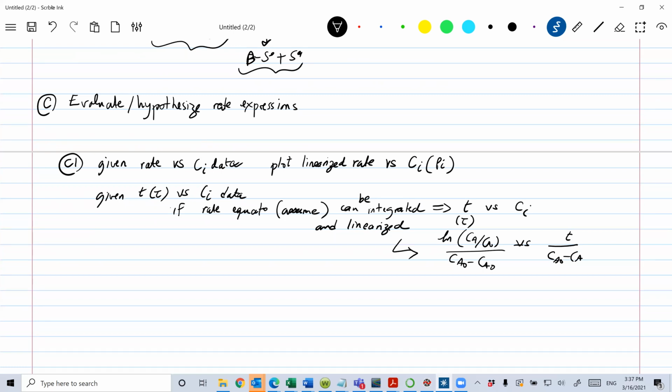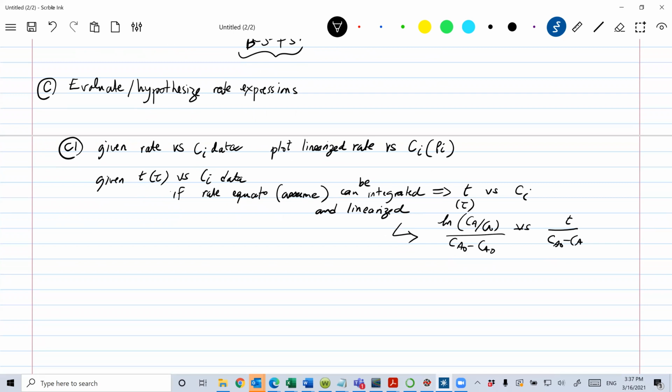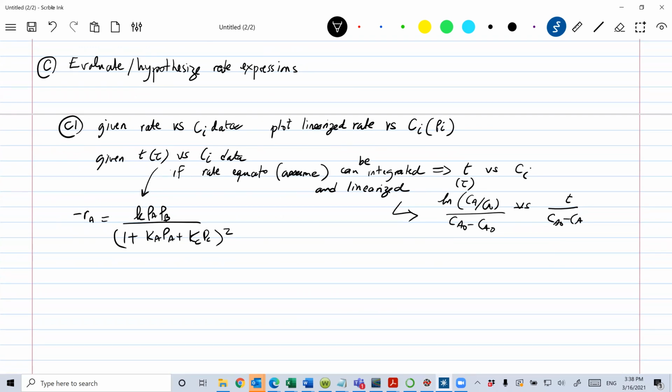But if you cannot integrate the rate expression you assumed, for example if it looks like this, and you have time or tau versus C_i, then you have to derive rates using differentiation methods to calculate minus r_A from time and C_A.